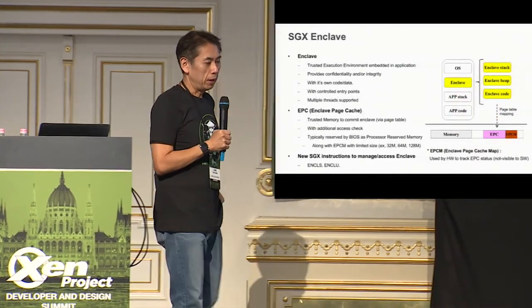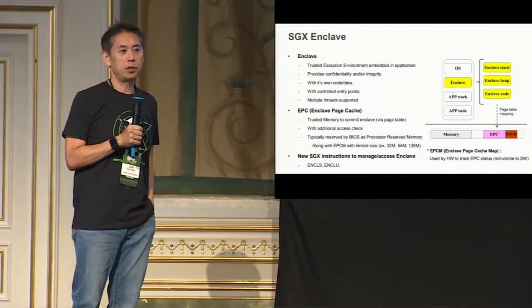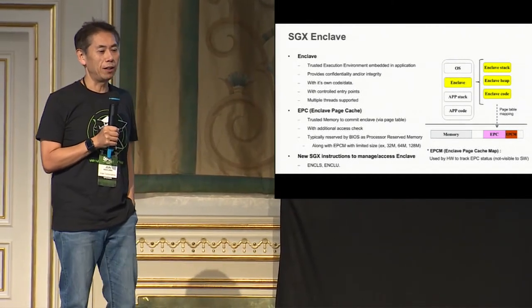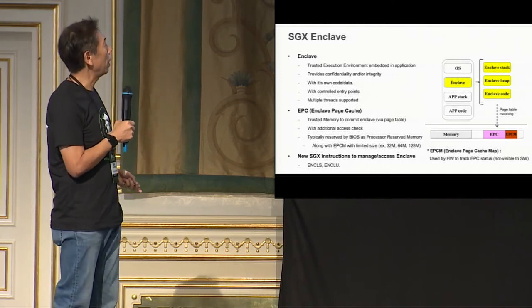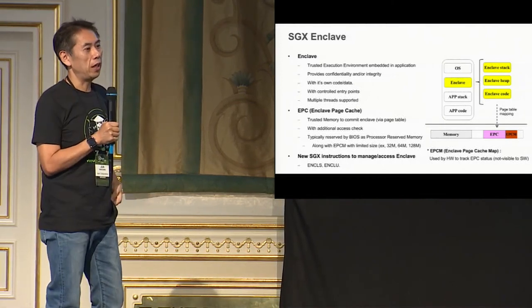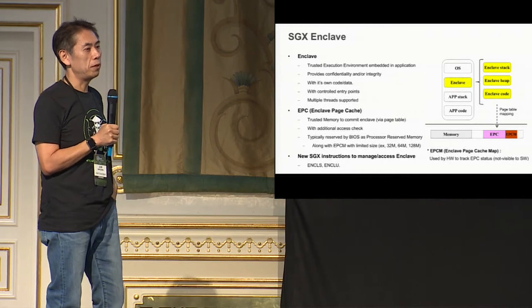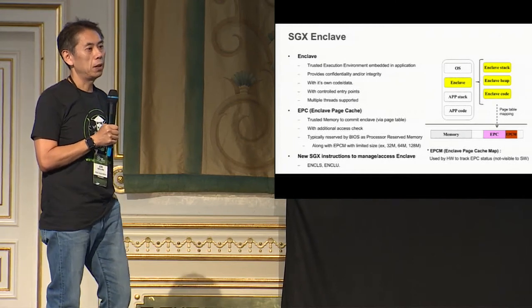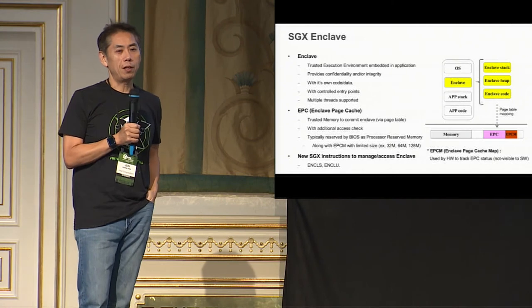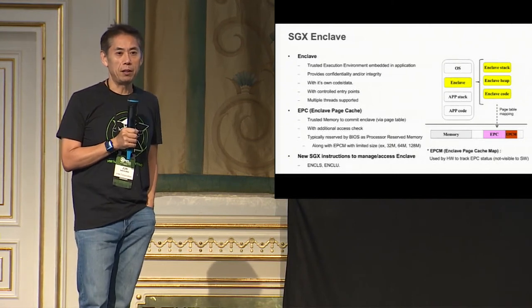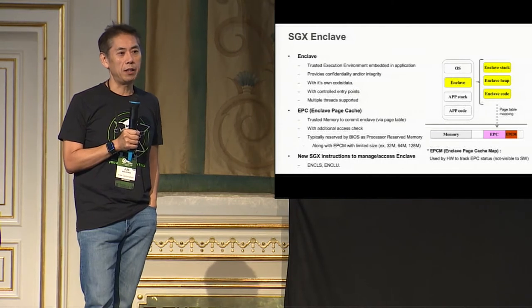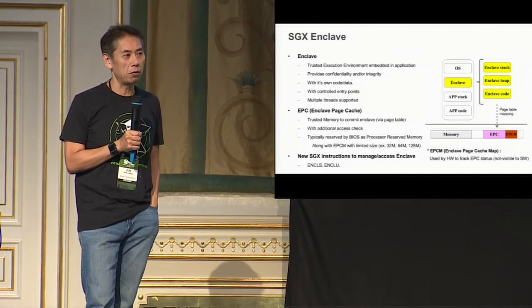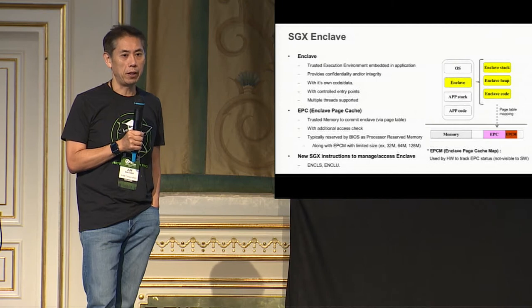Now I'm talking about the enclave. So this is a little bit complex, but the idea is simple. So enclave is a trusted execution environment within the application. So this is one kind of issue with the SGX, but you kind of need to modify or refactor application to enclave.